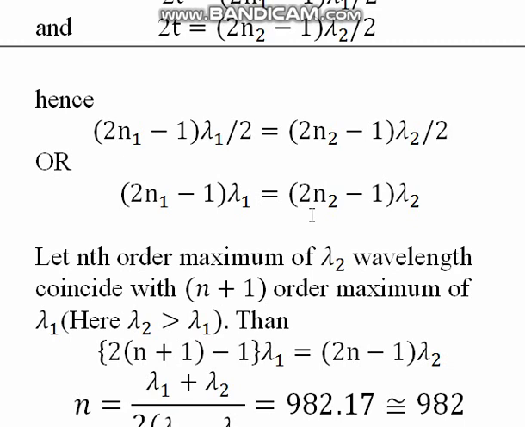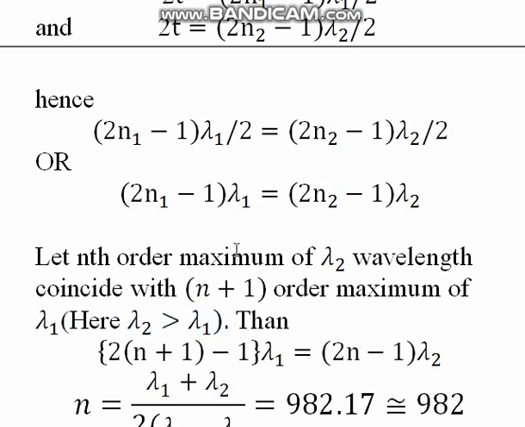Now let the nth order maximum of the lambda 2 wavelength coincide with the n plus 1th order maximum of lambda 1. This point is important here, because lambda 2 is greater than lambda 1. Lambda is inversely proportional to small n, the number of orders: a larger value of lambda means a lower order.